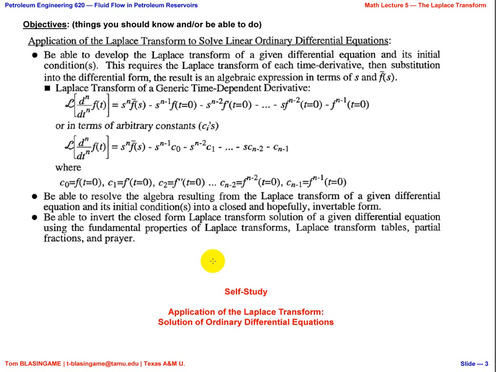We're going to talk about how to apply the Laplace transform to solve partial differential equations, and we're going to talk about some properties of the Laplace transform. All right.